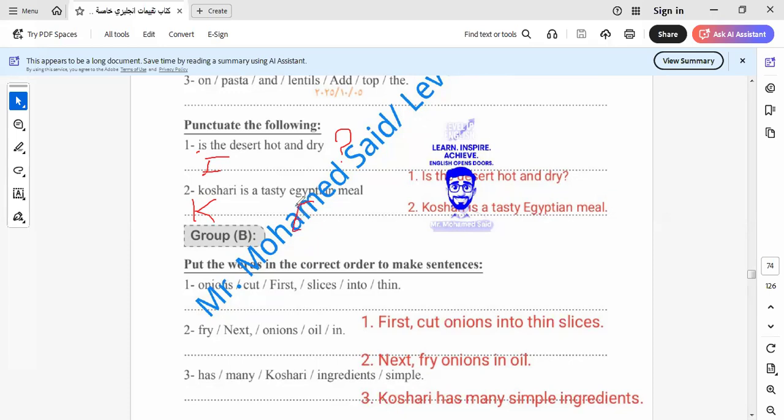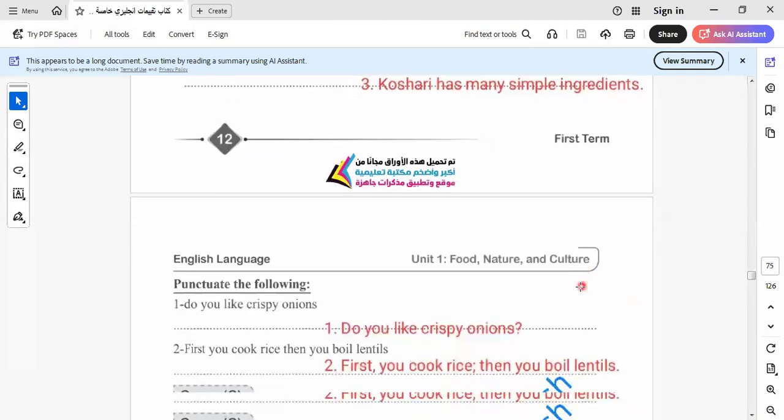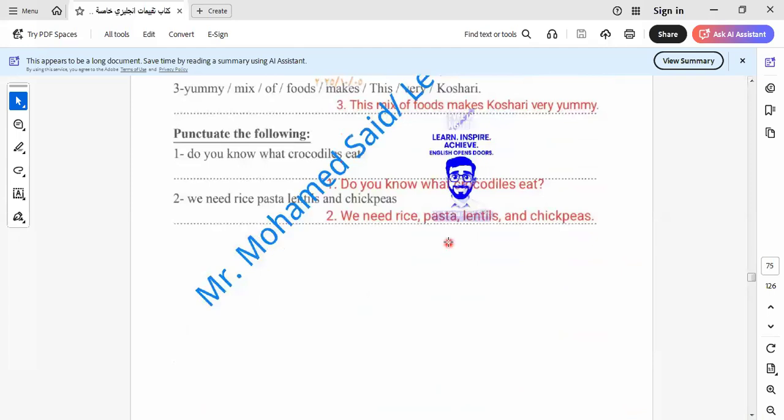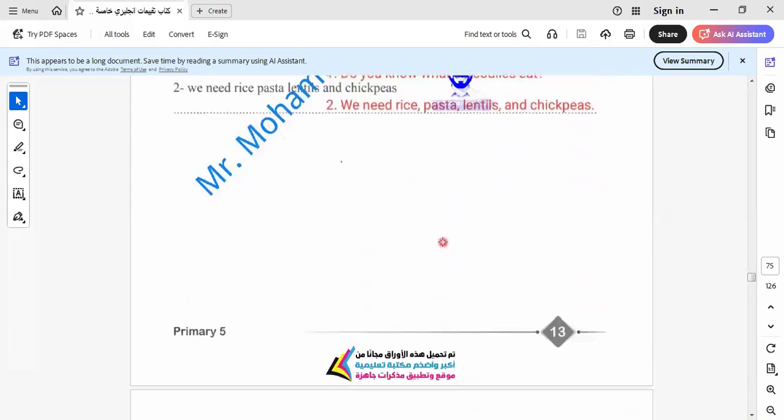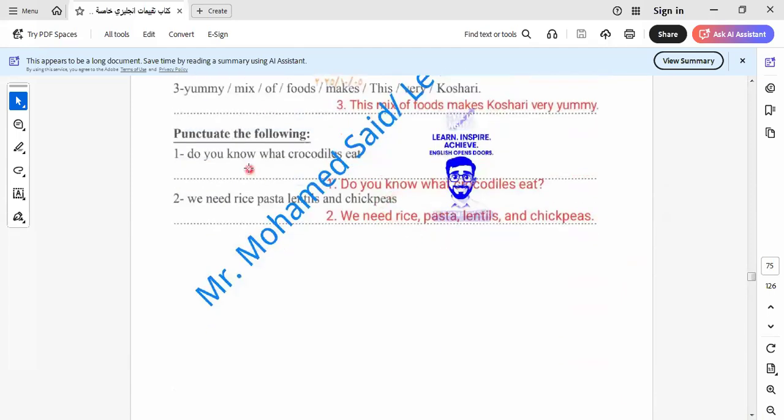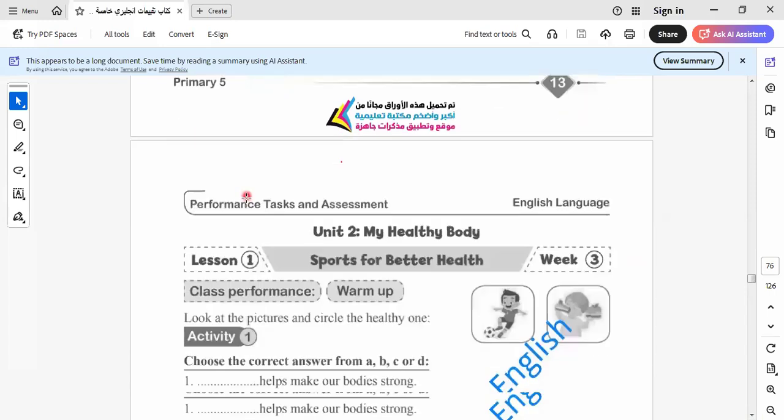So I replace Egyptian here, which is small, by a capital letter and continue the rest of the sentence by putting a full stop at the end of the sentence. Let's go to another item here. I will leave this for you to do by yourself. I give you the items of how to do the rearrange. And now we know also how to do the punctuation.